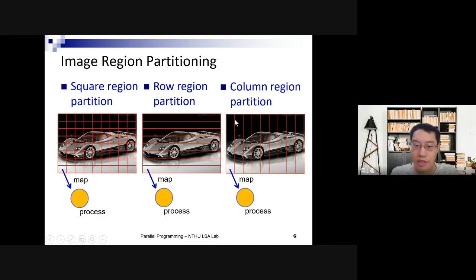In this case, you can see all those three partitions result in different lengths of boundary between the partitions. So it might affect how much communication cost you may need to consider. All right, so even for embarrassingly parallel computation, partitioning matters because it may affect the computation or communication workload in your processes during the computation.